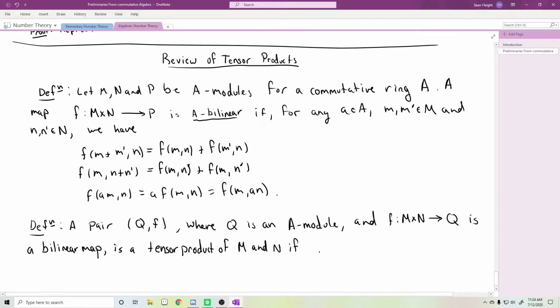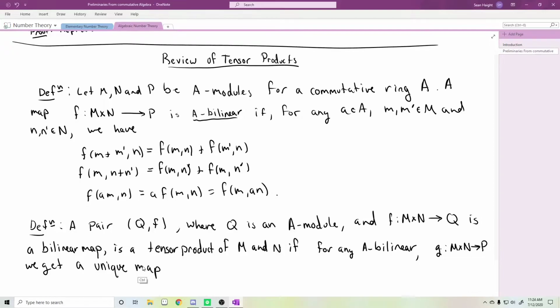Okay. If for any A-bilinear map, let's say G from M cross N to some module P, we get a unique map H. I should tell you what kind of map this is.